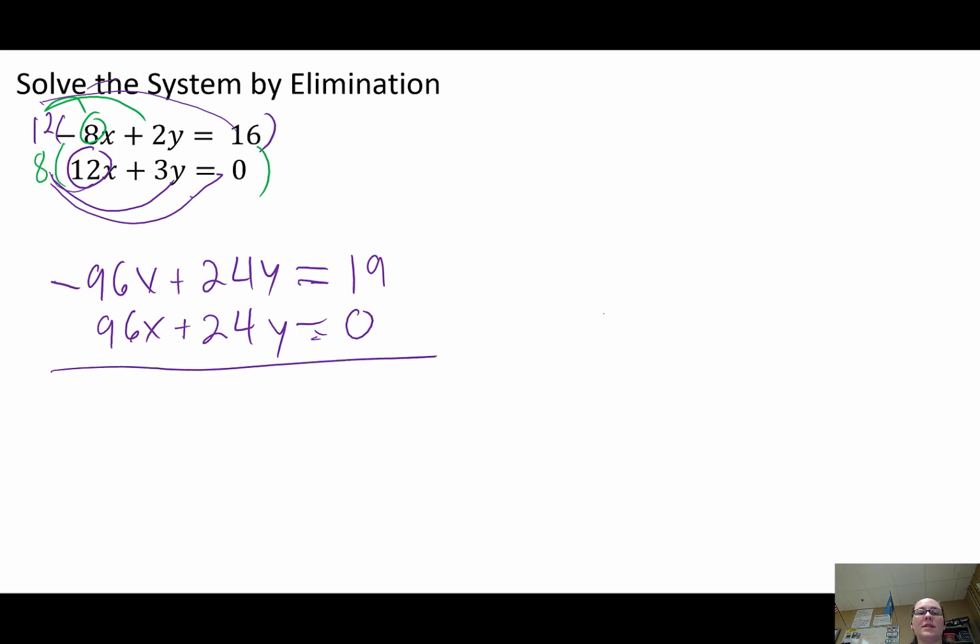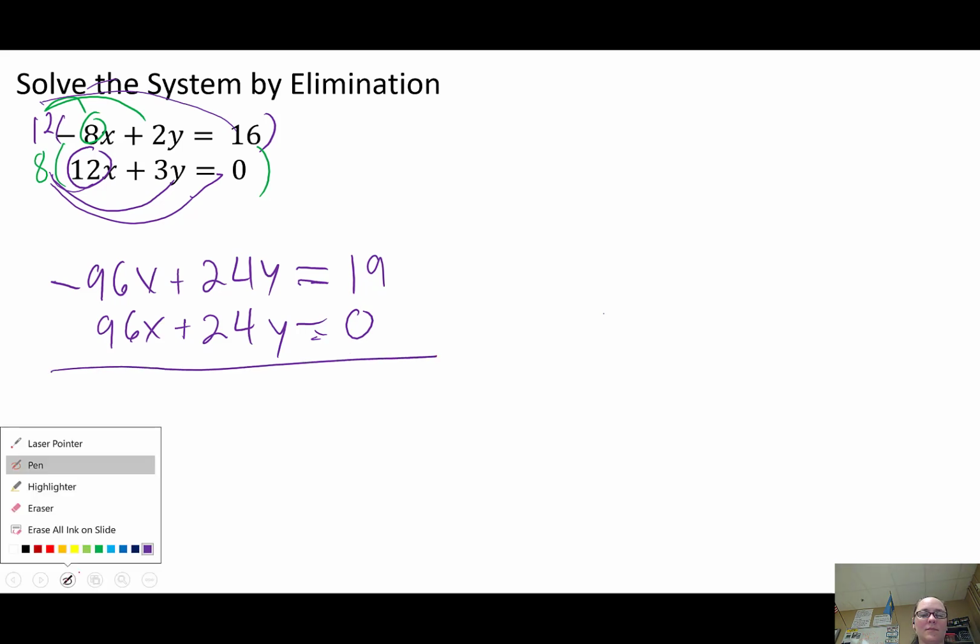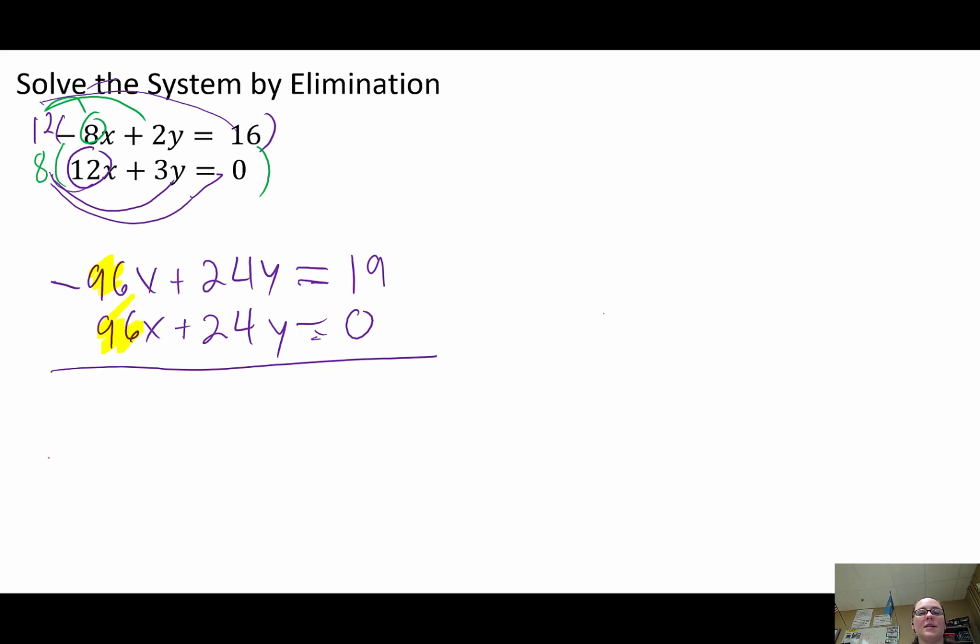Okay, so now we said we were eliminating the x's. All right, so since these are opposite signs, we can add our two equations together. So negative 96 plus 96 gives me 0. 24 plus 24 is 48. So we get 48y equals 192.